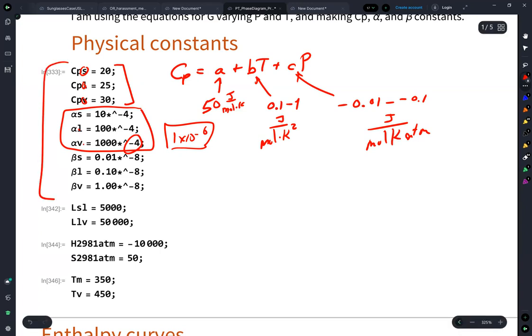These values become problematic when you start making a plot, but it has the right functional form. We just need a better expression for this. And these are units of 1 over temperature, 1 over Kelvin. And again, going from solid to liquid to vapor, you've got about a 1 order of magnitude change in the compressibility. And this is units of 1 over atmosphere.